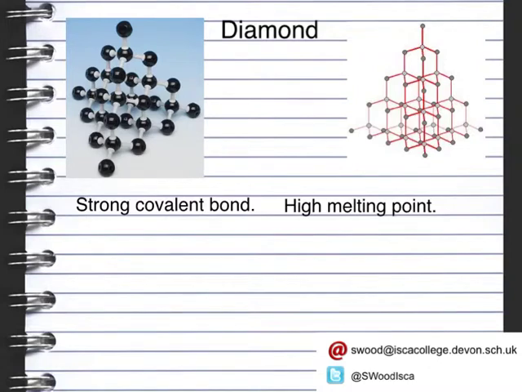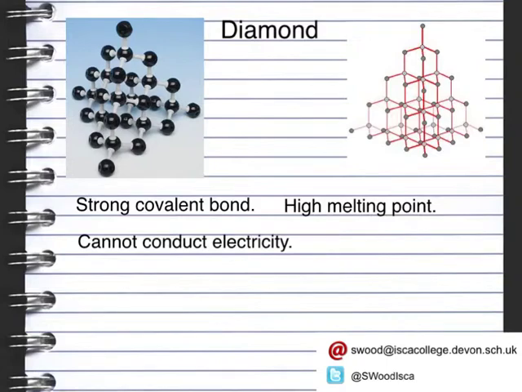Now unlike the carbon graphite, each carbon atom here is bonded to 1, 2, 3, 4 other carbon atoms. So whereas the graphite had 3, carbon diamond has 4. Now each of the electrons within the carbon atom is held within one of these covalent bonds. This means that carbon diamond has no free electrons, so therefore cannot conduct electricity.